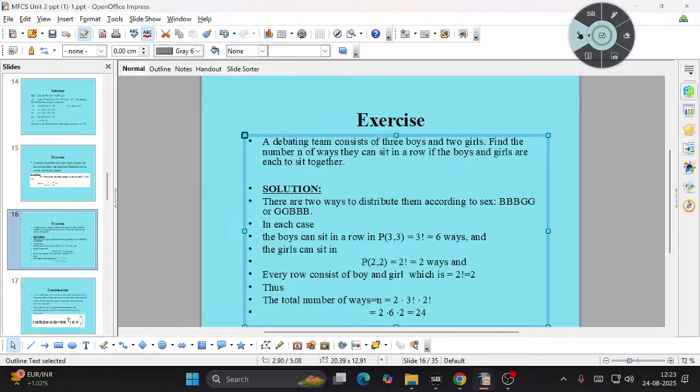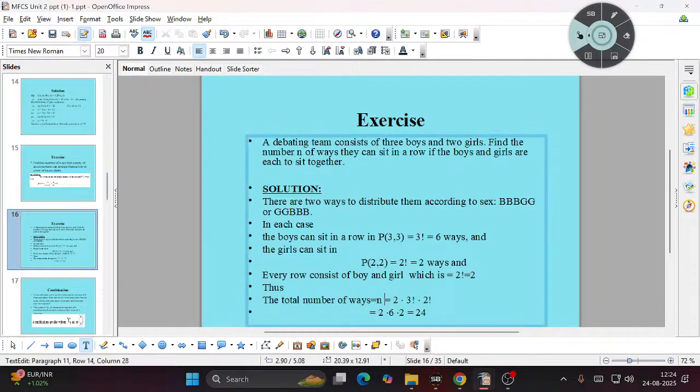So it is 2 factorial, which is equal to 2 ways, right? Therefore, the total number of boys and girls they can sit is 2 into 3 factorial into 2 factorial, or 2 ways, right? 2 into 3 factorial means 3 into 2 into 2. Is this clear?